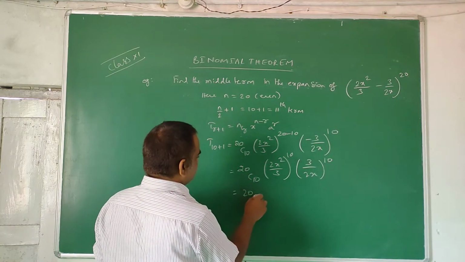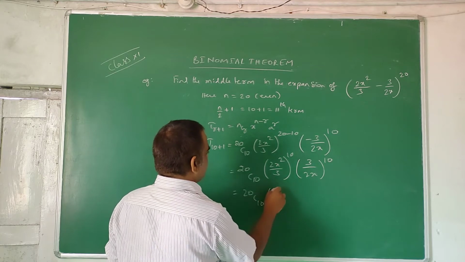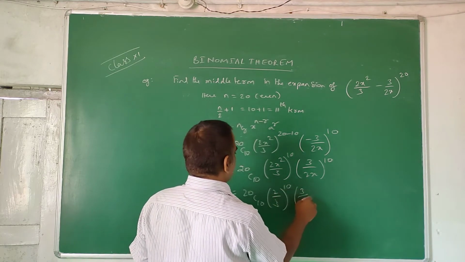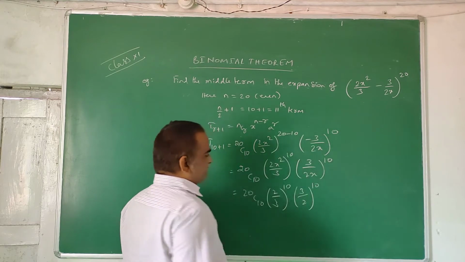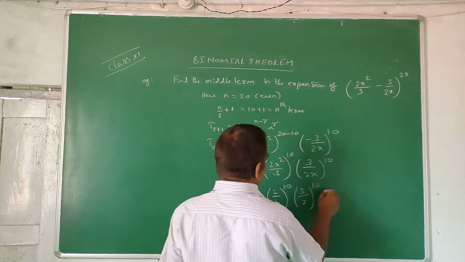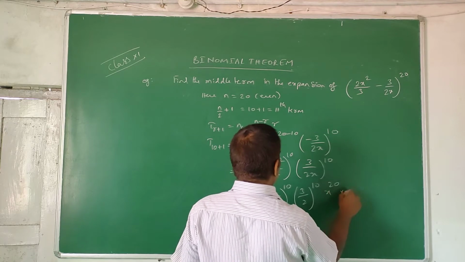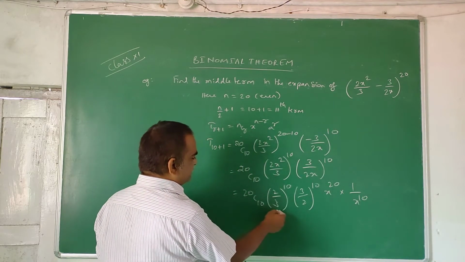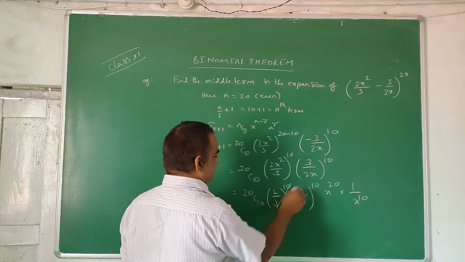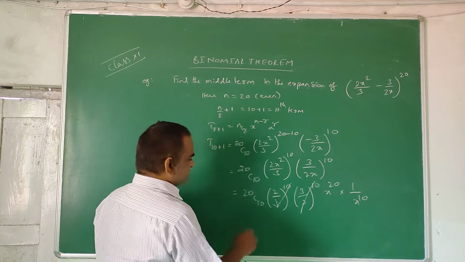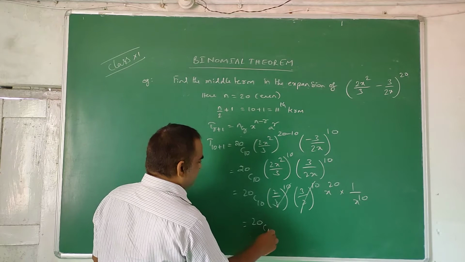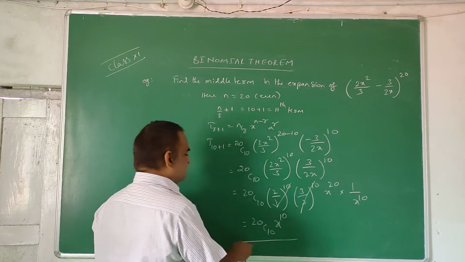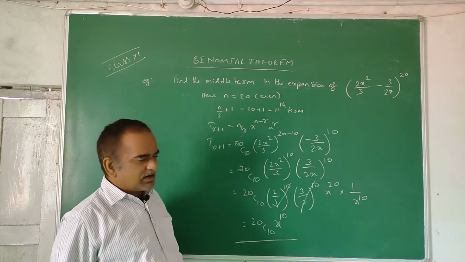So 20C10, (2 by 3) whole to the power of 10 into (3 by 2) whole to the power of 10. Are you following? Into x to the power of 20 into 1 by x to the power of 10. Then (2 by 3) power 10 and (3 by 2) power 10 are reciprocals, so they get cancelled. So this is equal to 20C10 into x power 20 by x power 10, which gives x power 10. So this is the answer. Understood?